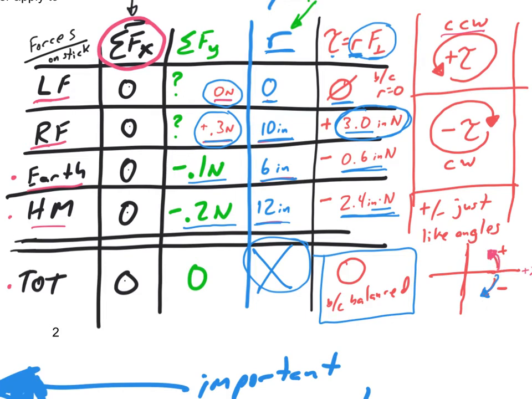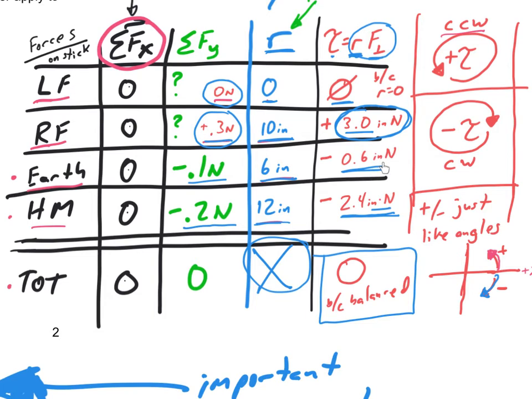Counterclockwise for positive, clockwise for negative. Lastly, because it's stationary, it's not rotating, it's not angularly accelerating, therefore the net torque, the total torque, must be 0. It's a balanced situation. Numerically, I found the earth torque just to be 0.1 multiplied by 6, giving me 0.6 inch newtons.